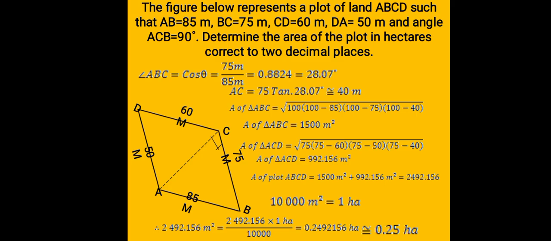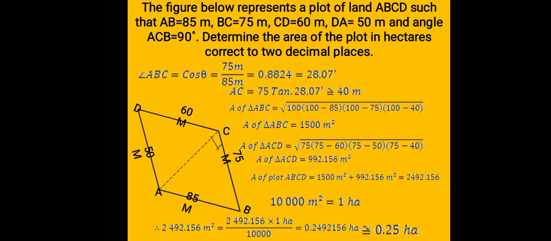Now the area we can determine it by taking the area of those 2 triangles, triangle ABC and triangle ACD. Using the cosine rule, we can get the angle ABC. Now, having got the angle of ABC, we can use tan theta to get the length LC.